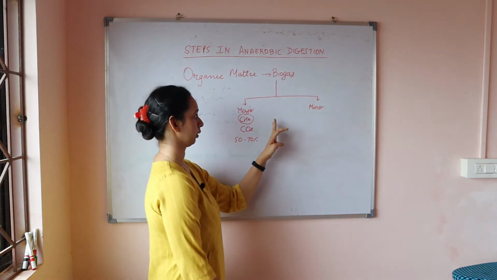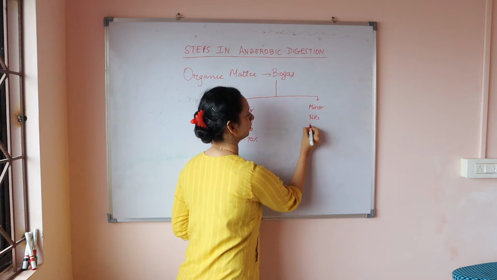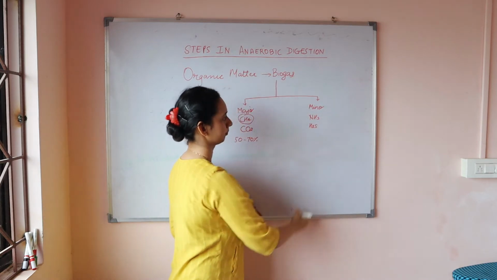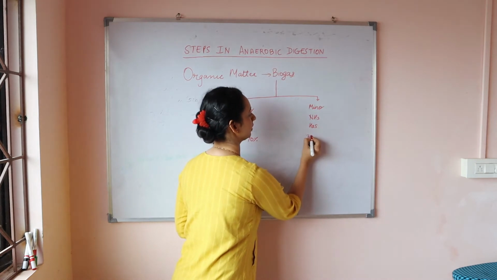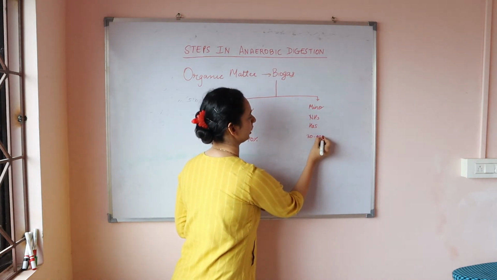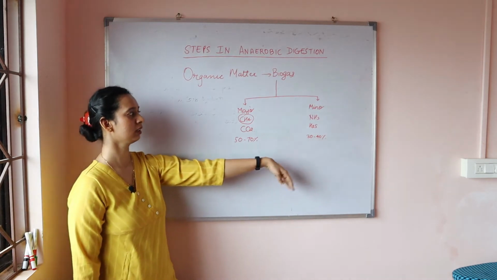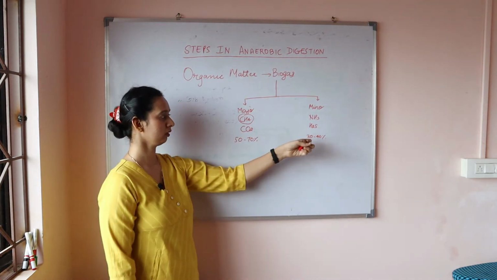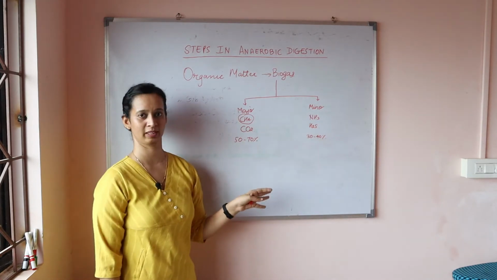Now the minor components could be NH3 and hydrogen sulfide. These are the minor components, and based on the kind of substrate, the percentage will vary.